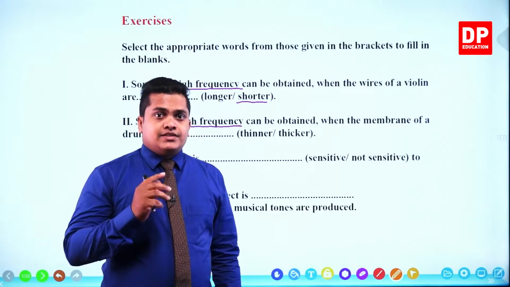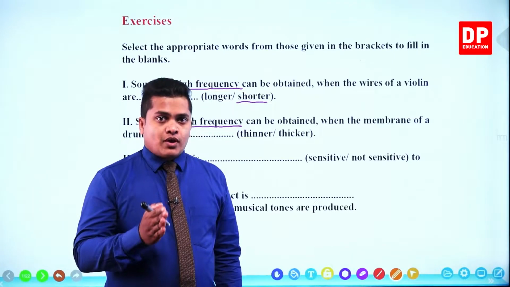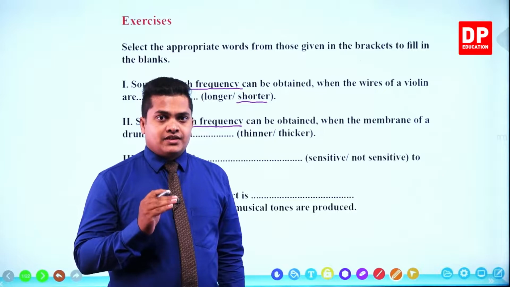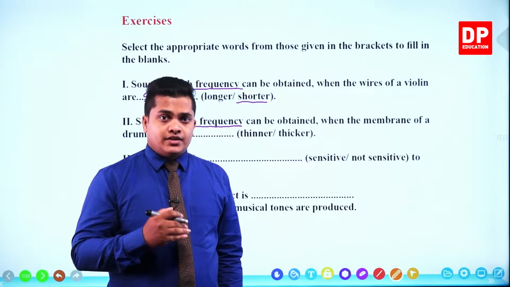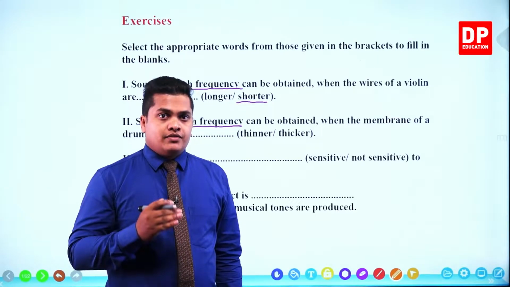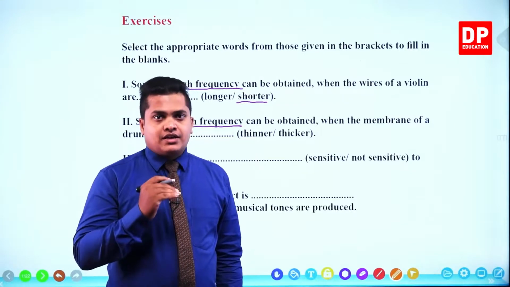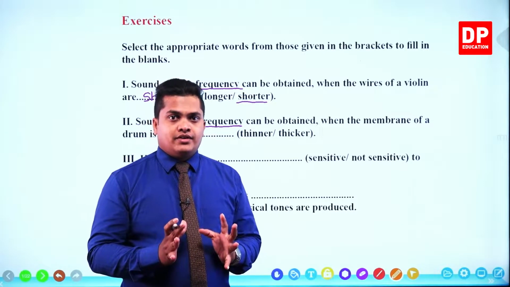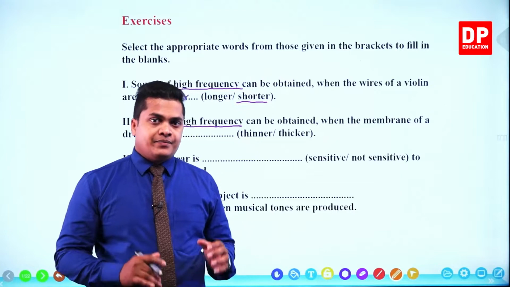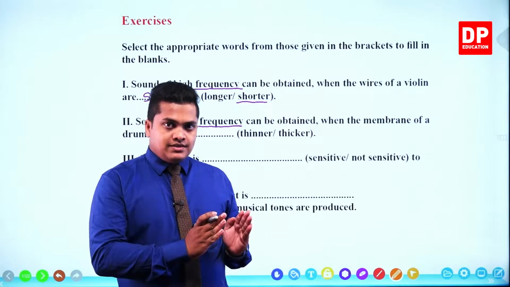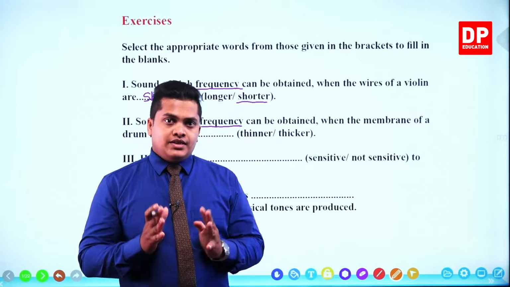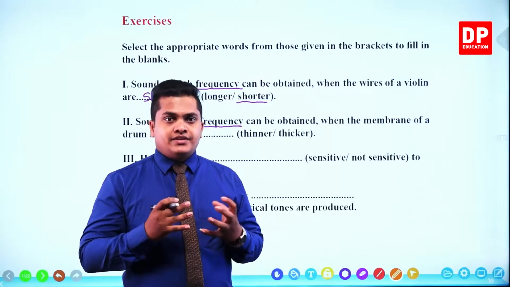When the thickness of a drum membrane is high, the frequency decreases. I told you when we were discussing the lesson that thickness and frequency are oppositely related.